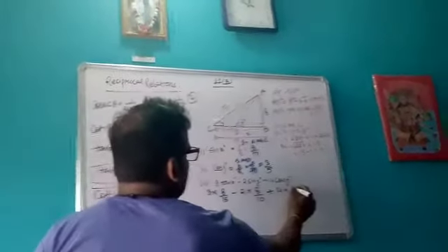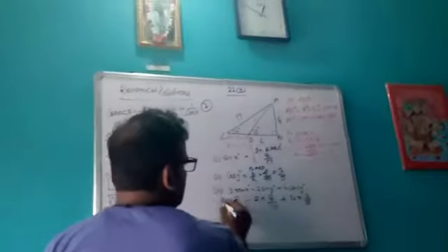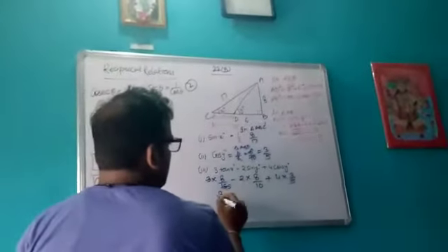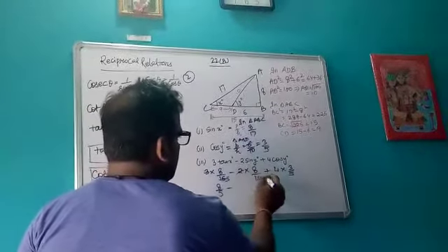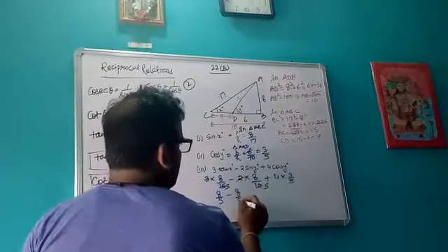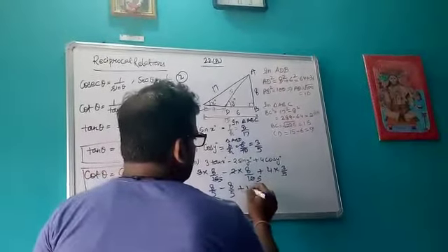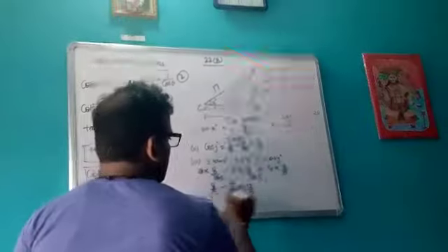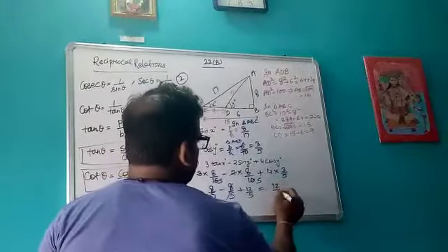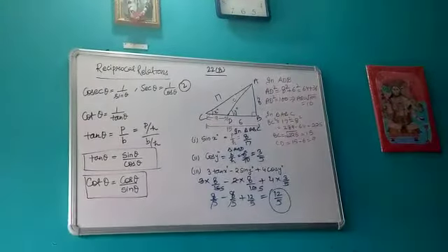This value we will use, 3 upon 5. So it is 8 upon 5 minus 8 upon 5 plus 12 upon 5. So these will cancel out. You will get the answer as 12 upon 5. So like this you can calculate the values.